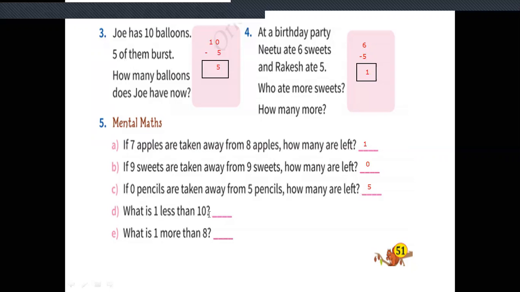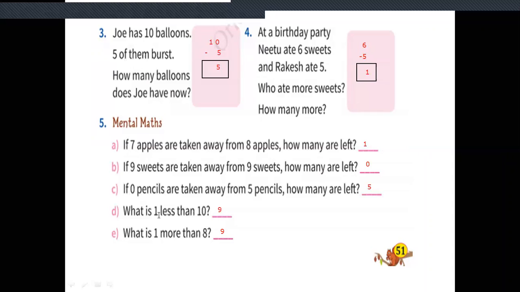What is 1 less than 10? What is 1 less than 10? Before 10, what? 9. 1 less than 10 means before 10, you have to write. Okay. Next, what is 1 more than 8? More than 8 means you have to tell the number after. After 8, what will come? 9 will come. Okay. So you have to add 1. More means you have to add.